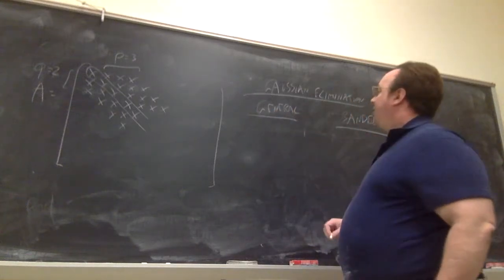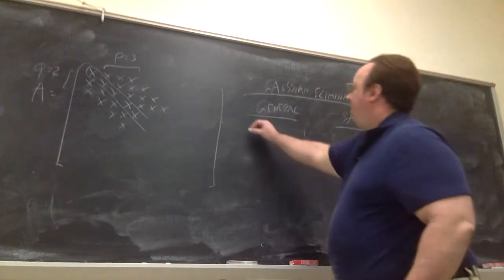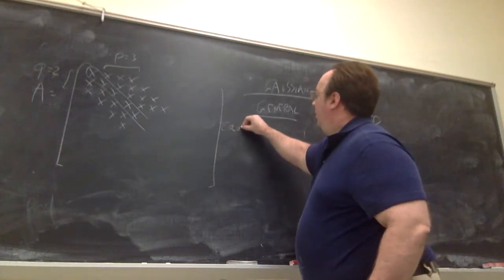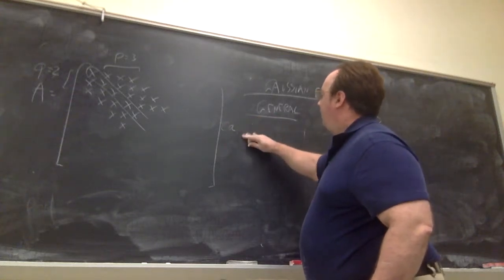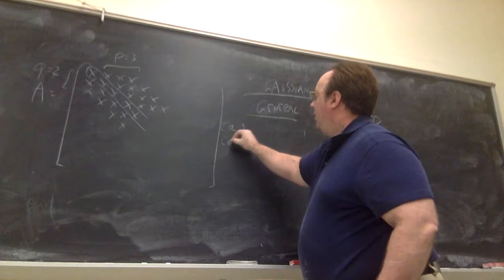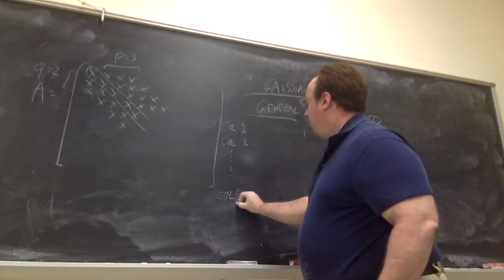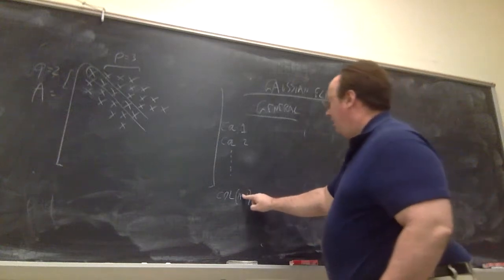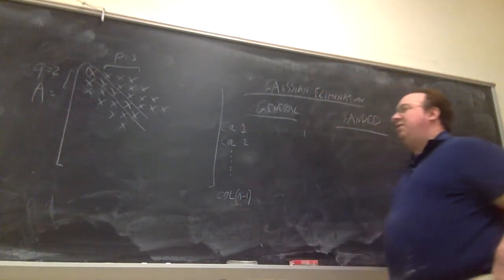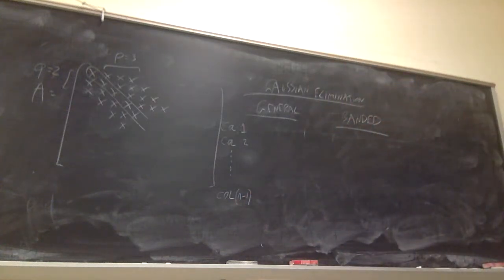Okay, so if you think of what's done in column, I'll abbreviate col for column 1, column 2, down to column n minus 1 because you're working on only n minus 1 columns to eliminate entries. Because in the last column, there are no subdiagonal entries to eliminate.